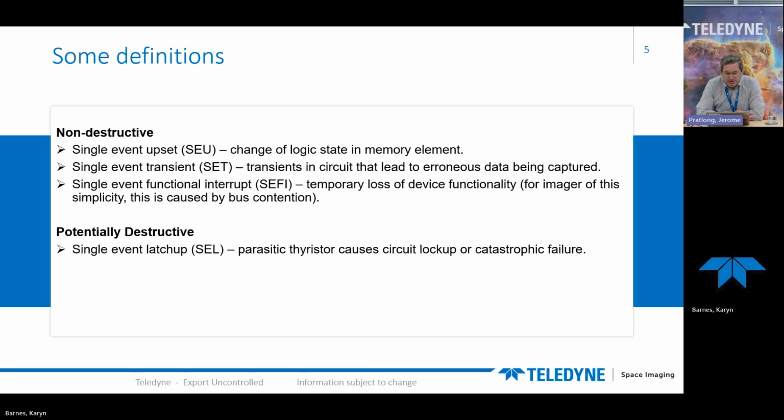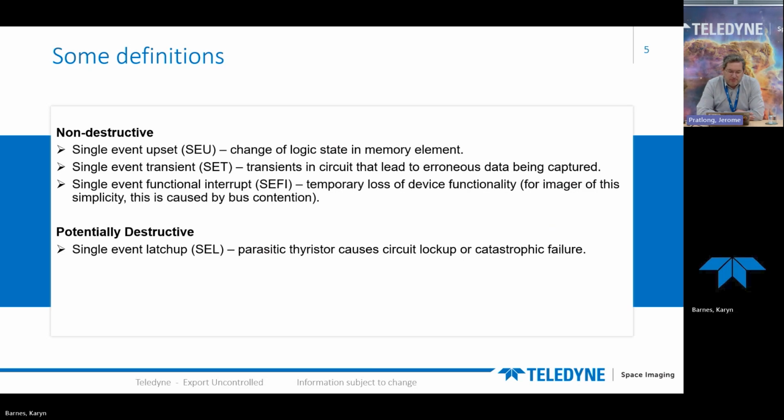The three non-destructive effects are single event upset, SEU, where the logic state of a memory element is affected; the single event transient, which is more concerned with clock and data propagation, and that can cause an erroneous data capture; and single event functional interrupt, SEFI, which is a temporary loss of device functionality.